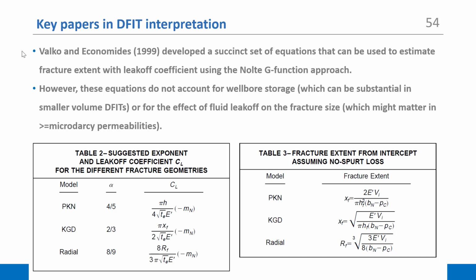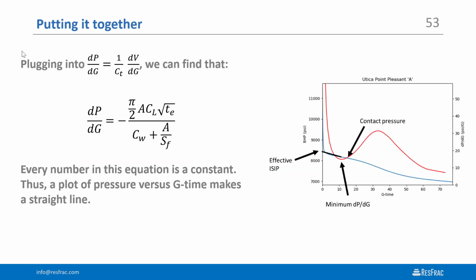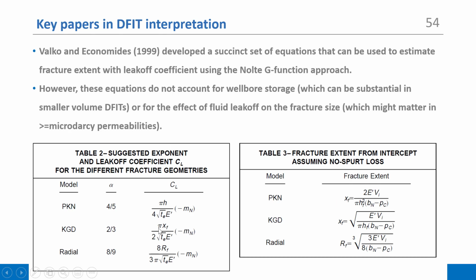I really liked this approach because they bring in mass balance. They write a mass balance equation, and they show practically how you can use this type of equation to infer the fracture size and the leakoff coefficient from the preclosure data. They explicitly give the equations to use in these tables here. These are very useful, but there are two ways that we've extended these equations a little bit further.